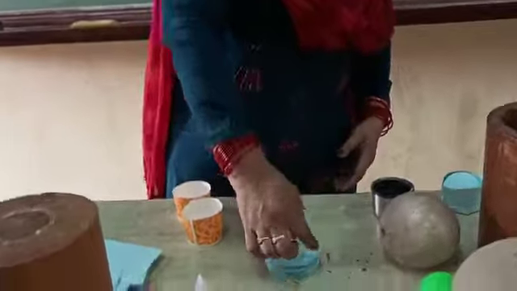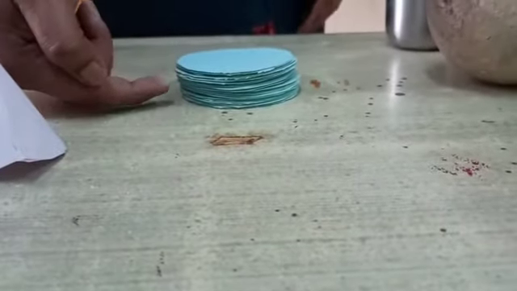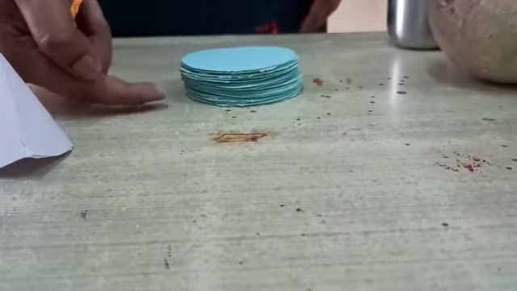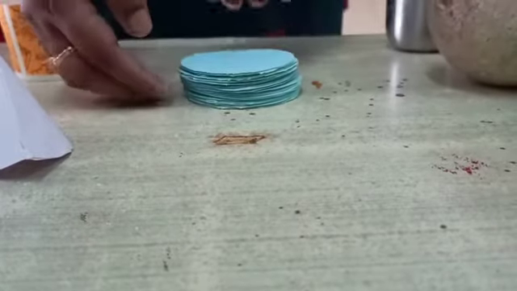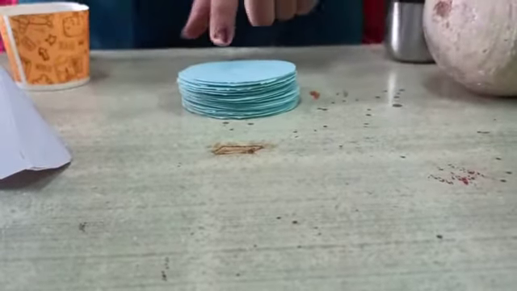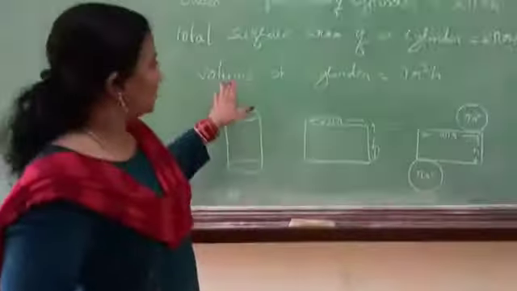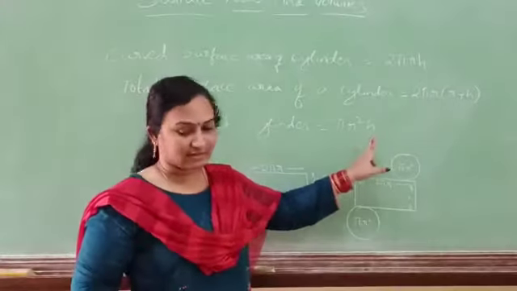How many are there here? N number of circles. N number of circles means n into pi r square. If we take that n as the height of this cylinder, then the formula becomes pi r square h. So, the volume of a cylinder is pi r square h.